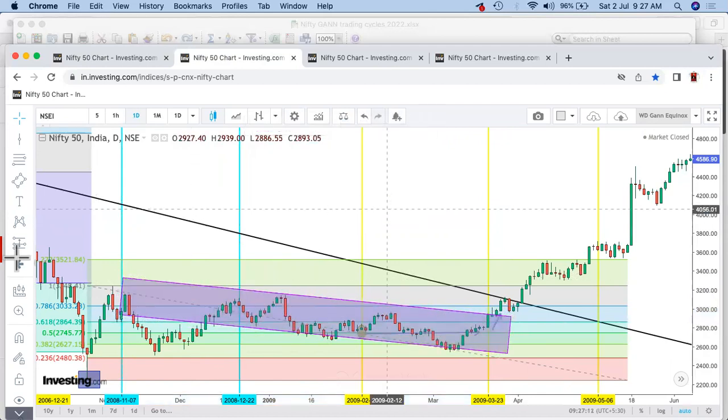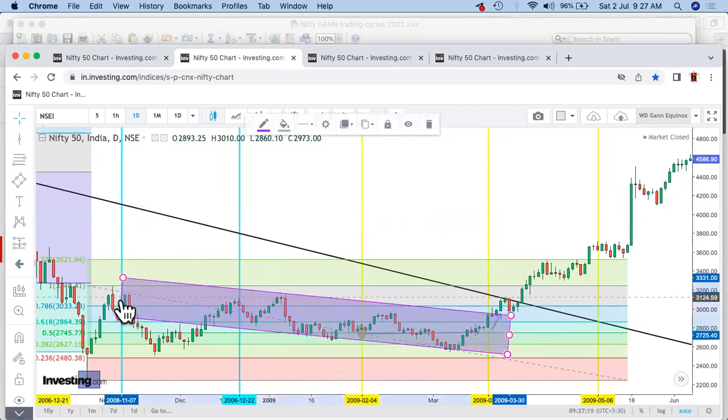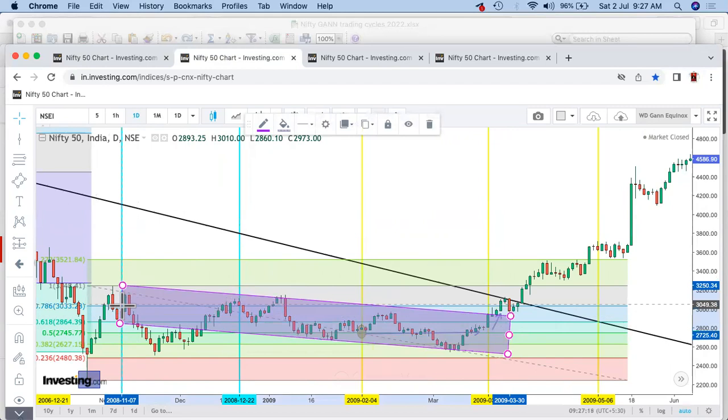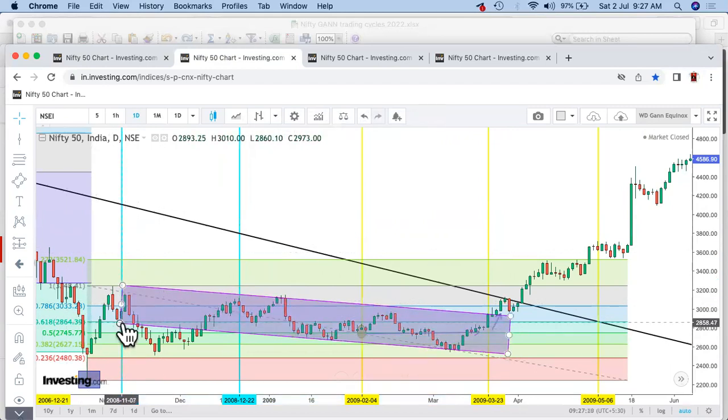Right. So this date was, let me just bring it down. This candle has been covered. This candle has been covered. This date's candle has been covered, and this date's candle has been covered.